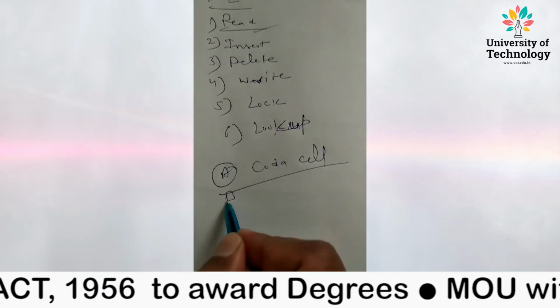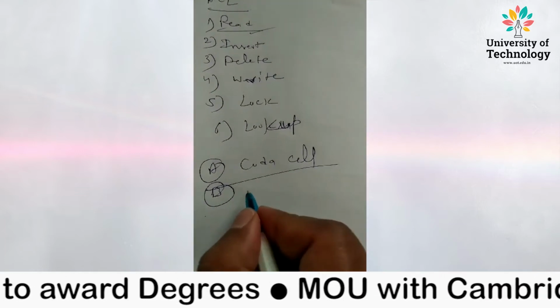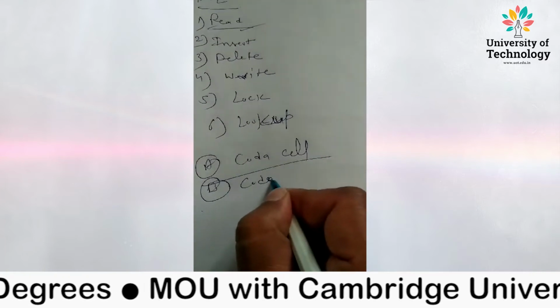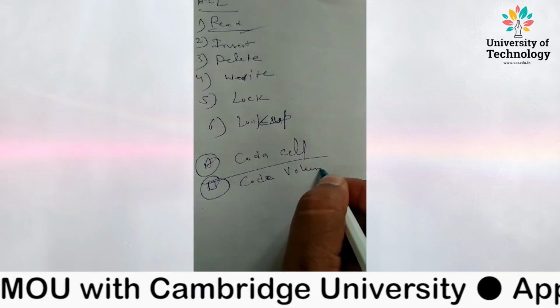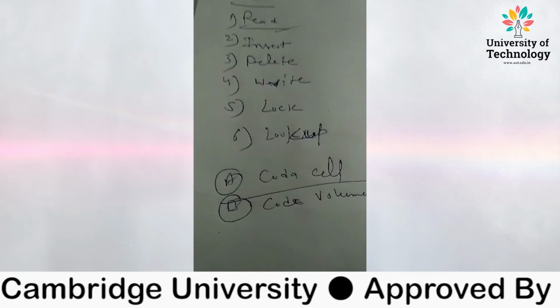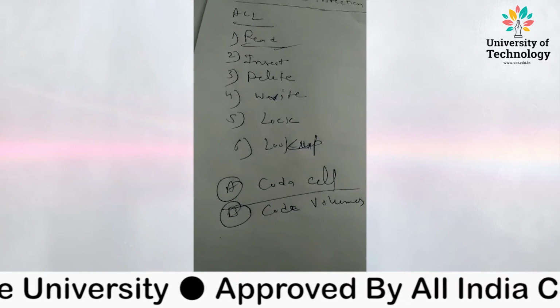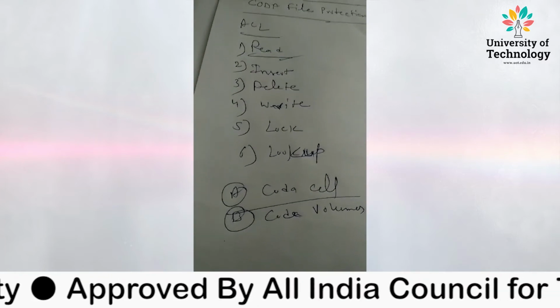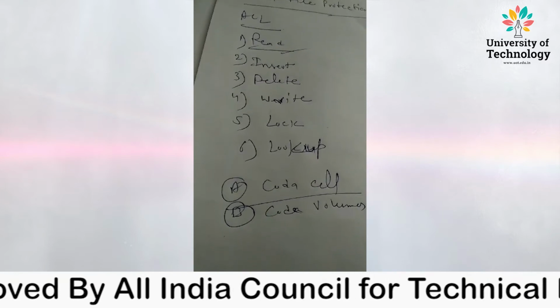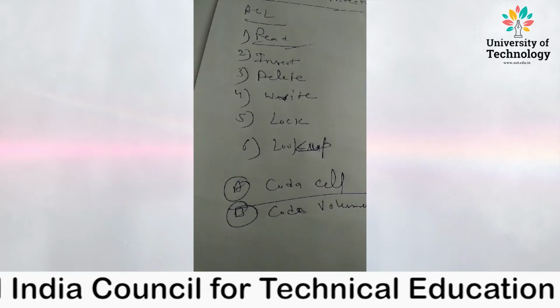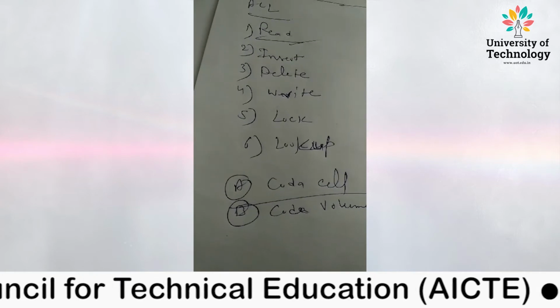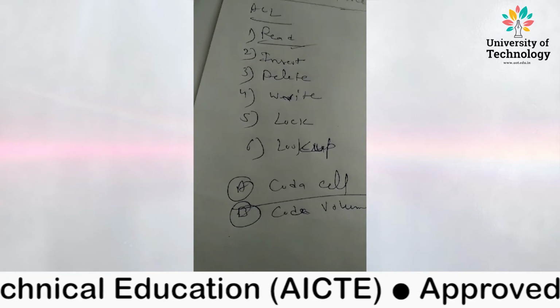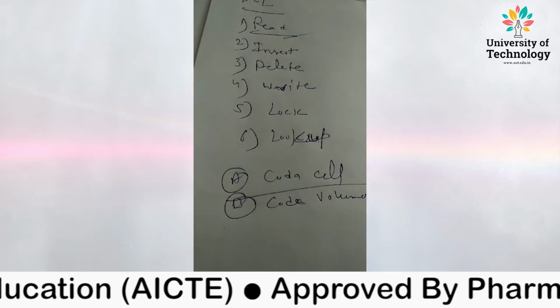B point is CODA volumes. File servers group the files in volumes. A volume is typically much smaller than a partition and much larger than a directory. Volumes have a root and contain a directory tree with files. Each volume is mounted under CODA.